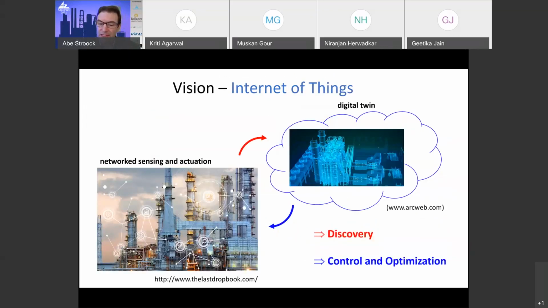So the vision I'm going to develop, and I heard from Nirajan that you had a discussion of Industry 4.0. There's a maturing vision and implementation in our traditional industries of an Internet of Things, network sensing and actuation embedded throughout, for example, a chemical manufacturing process.